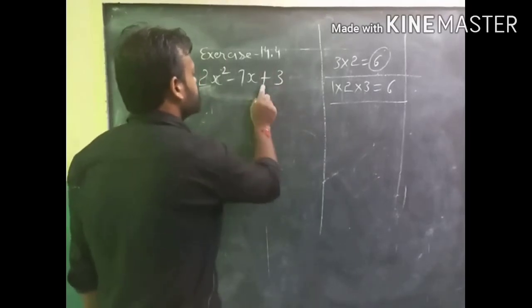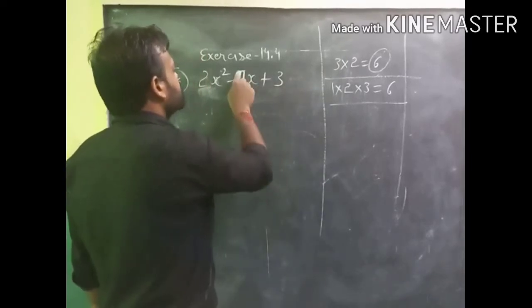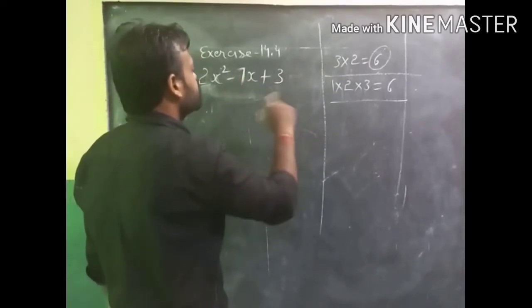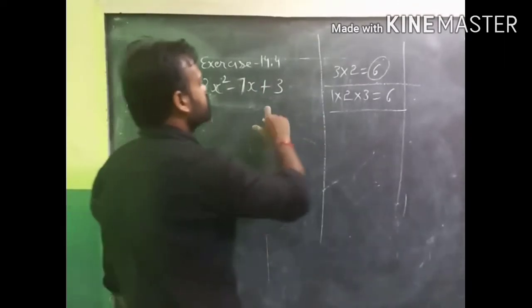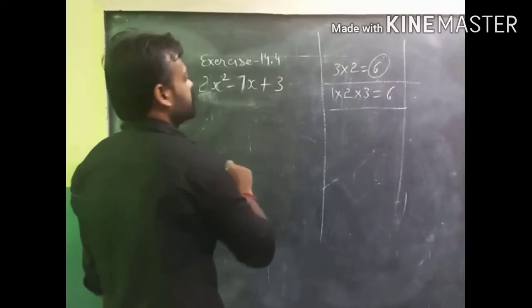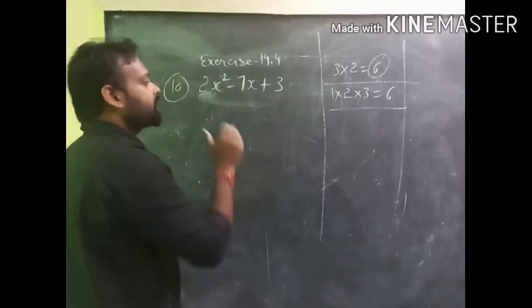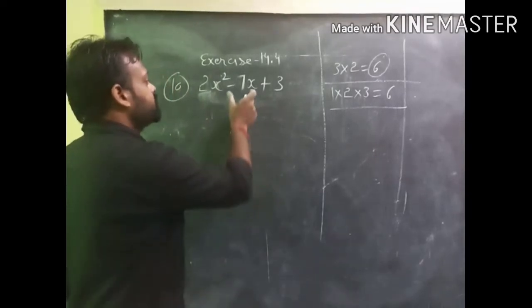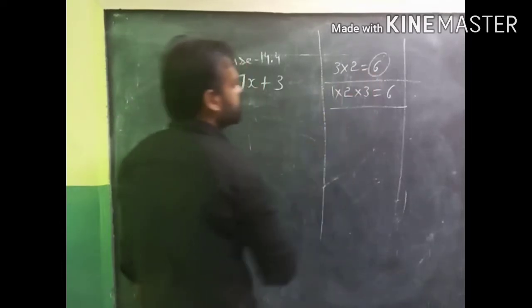Here you can see a sign of plus, so now we have to split this 7x in such a way that the sum of these two terms is equal to 7, and this time the multiplication should be equal to 6, not 3. We have to split this 7x in such a way that the sum of these two values is equal to 7 and the multiplication of these two values is equal to 6.